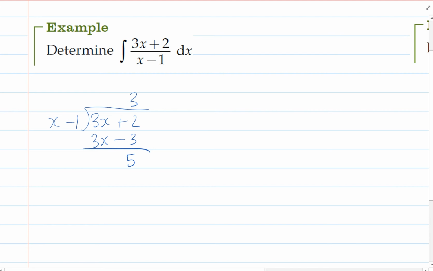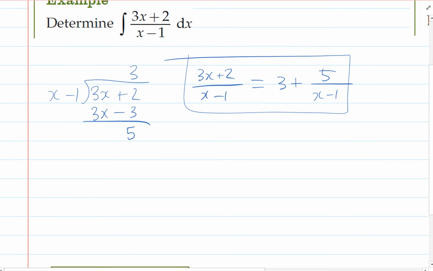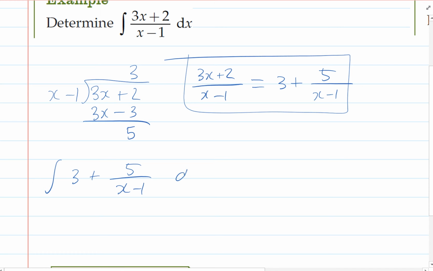And so that means that we can write 3x plus 2 over x minus 1 as 3 plus 5 over x minus 1. So these functions are the same. So we can say that instead of integrating this function, what we're actually going to integrate is 3 plus 5 over x minus 1.